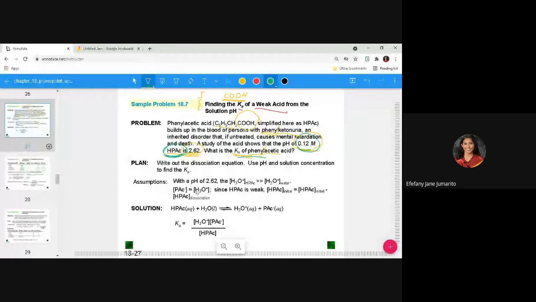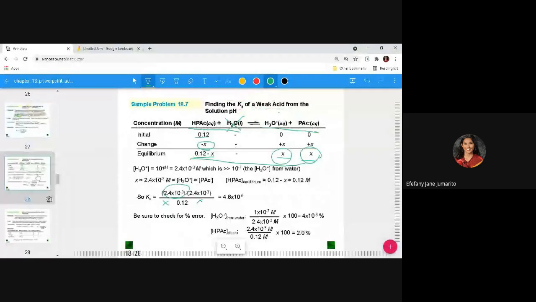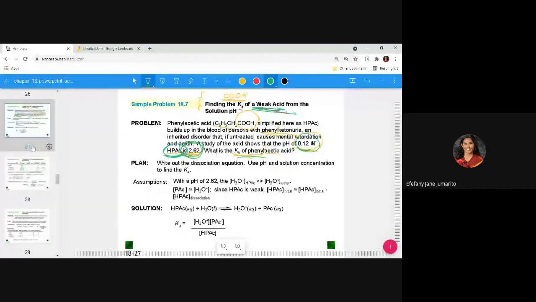All right, because pH is given. In this problem, we cannot assume directly that the concentration of your HA is equal to the hydronium concentration because this is a weak acid. For strong acids, we can: the concentration of H3O plus is 0.12 if it is a strong acid.